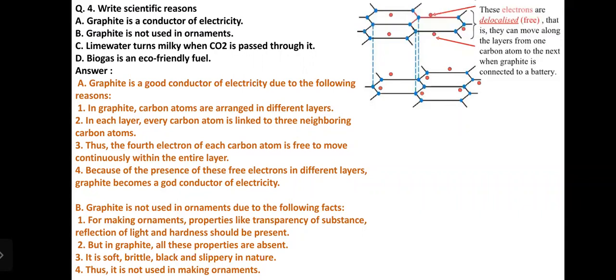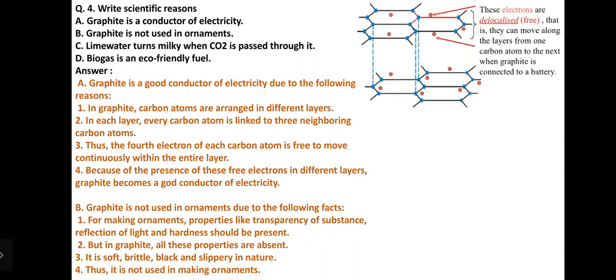In the adjacent figure, red spotted electrons are free electrons and they can move everywhere within the entire layer. Because of the presence of these free electrons in different layers, graphite becomes a good conductor of electricity. Since these free electrons are available to conduct electricity, graphite is called a good conductor of electricity.